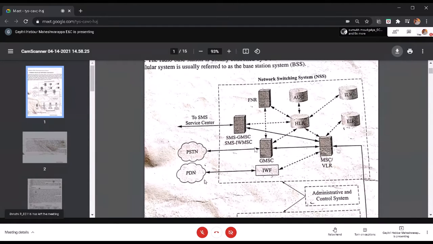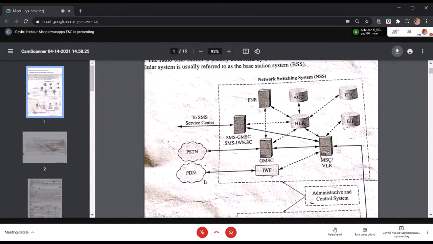Then you have a GMSC, that is the Gateway Mobile Switching Center. The Gateway Mobile Switching Center is used to connect to mobile switching centers, or more MSCs, through the GMSC. Then it is connected to the PSTN. And also you have an SMS center to transmit and receive the short message service.